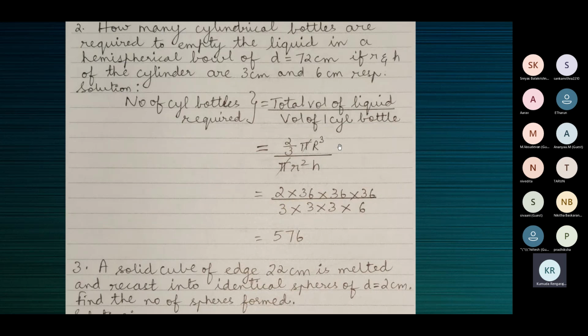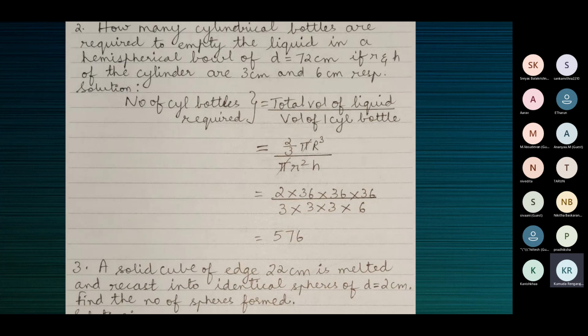R in the numerator and r in the denominator have different values. Pi gets cancelled in the numerator and denominator. I've written 2 by 3 pi capital R cubed because in the denominator also we have pi r square h. To differentiate between the two r's, use uppercase and lowercase.